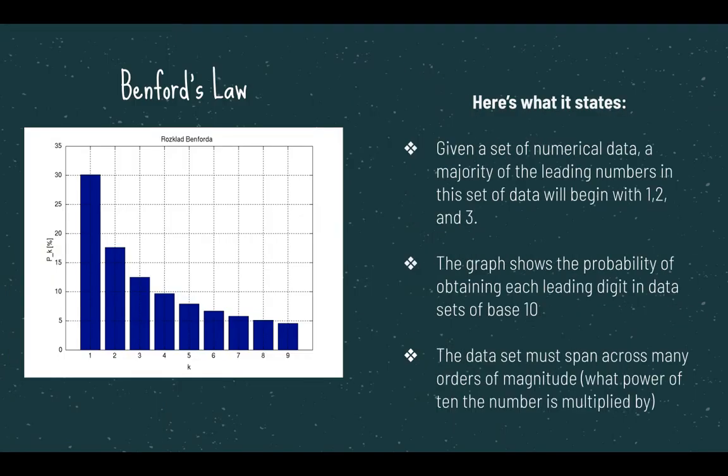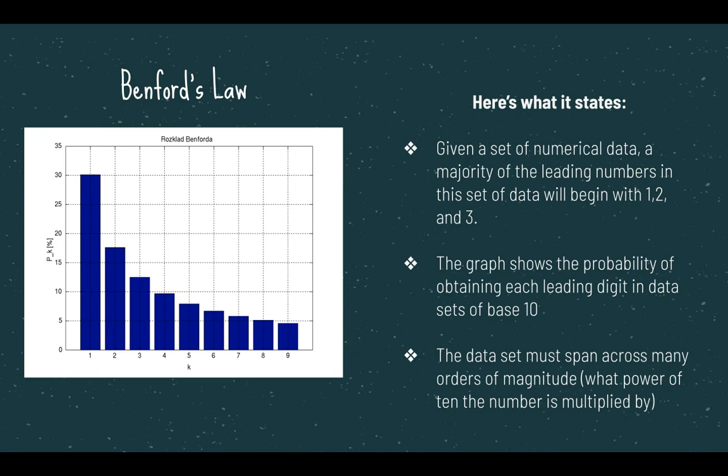Whereas here, the leading digit of 1 has just a bit more than 30%, which is 30.1% of appearing. The leading digit of 2 is around 17%, and all the way down to 9, which is less than 5%. So it was a really astonishing and just weird phenomenon.